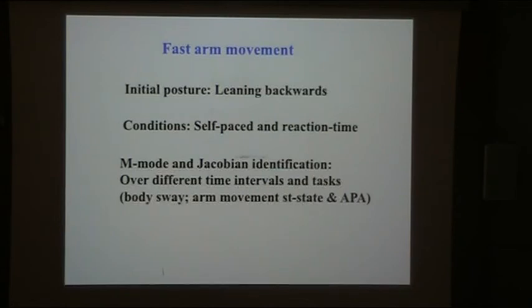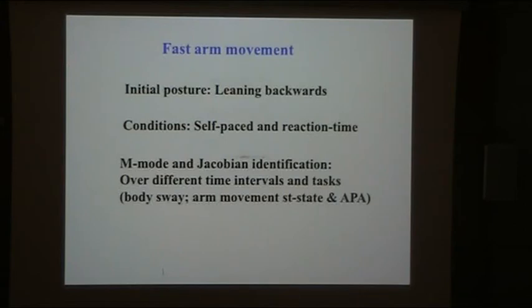Here is the experiment, because we decided to take a look at whether anticipatory synergy adjustments can be observed in postural tasks. Because until now it was only in multi-finger tasks, where there is no postural component. So in this task we asked our subjects to stand and lean backwards a little bit.